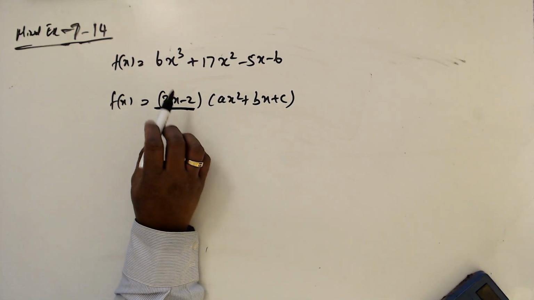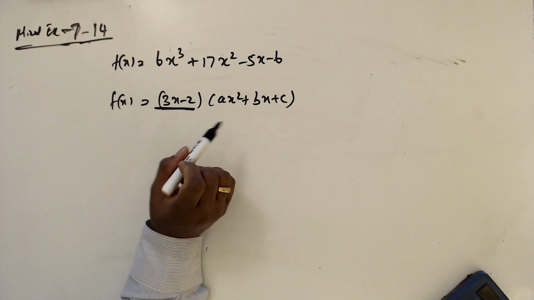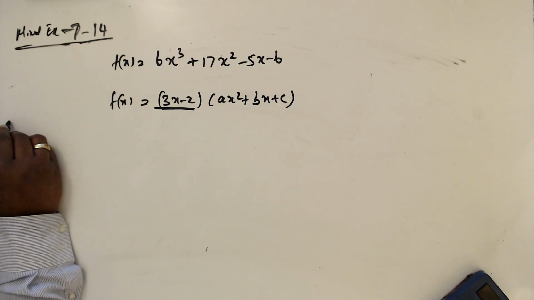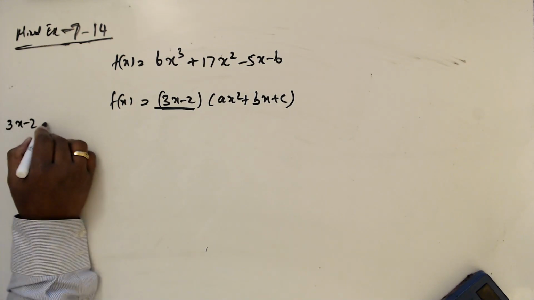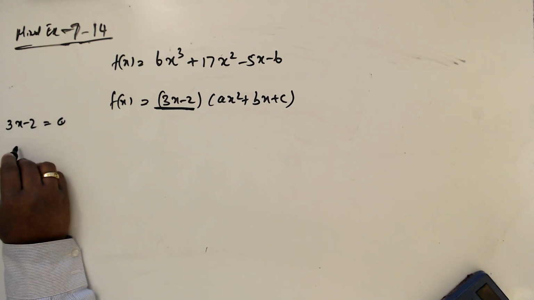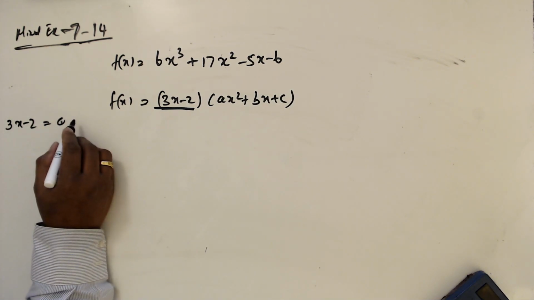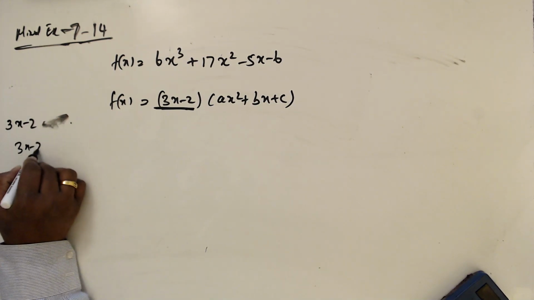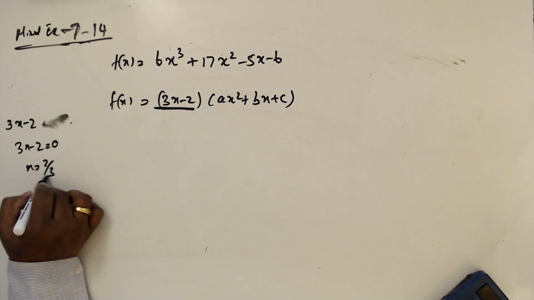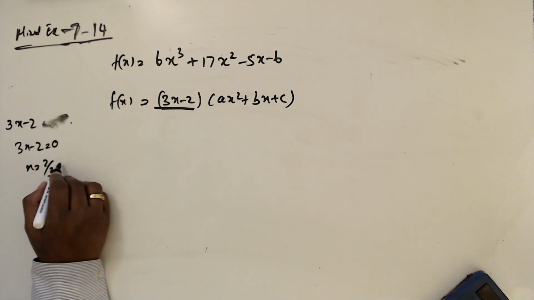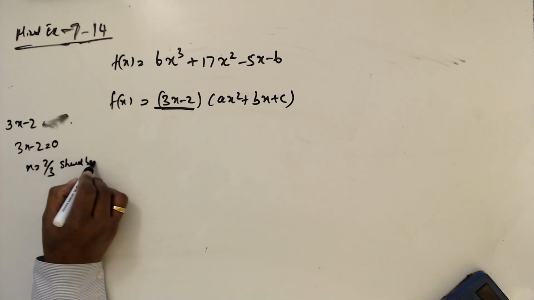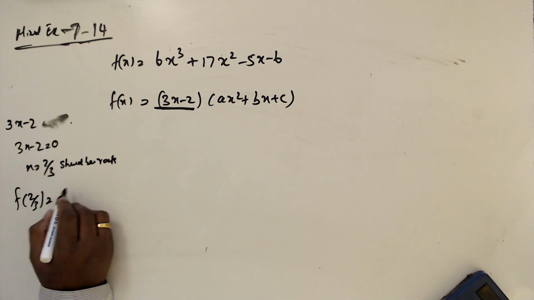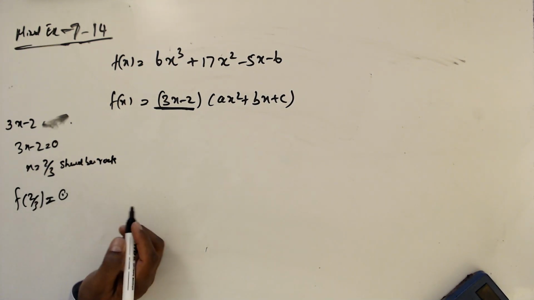Then we can divide this equation by this one. 3x minus 2 is a factor. Then 3x minus 2 equals 0, x equal 2 over 3. So x equal 2 over 3 should be a root. Then f(2/3) has to be equal to 0.